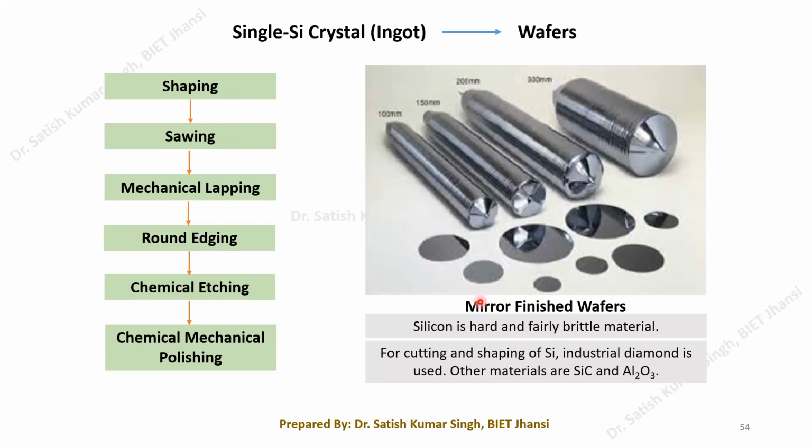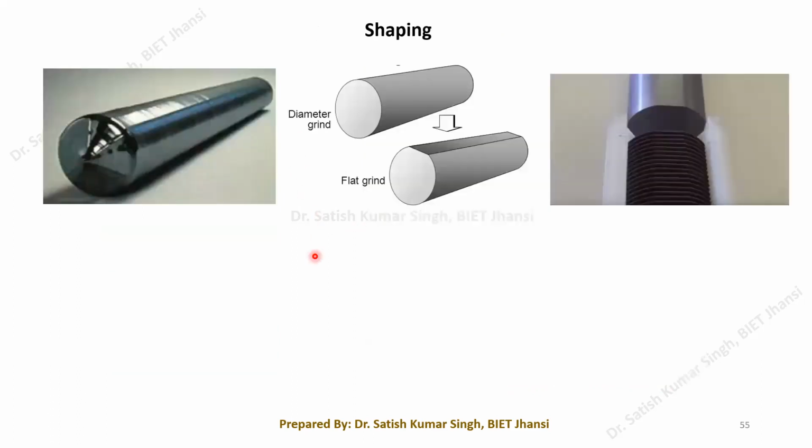So now we have to look at what this shaping process is. What do we mean by shaping and why is it needed? So first of all, when we start this particular topic of shaping, one thing that we have to remember is that when we grow the silicon crystal, this is the picture of the single silicon ingot. While growing the single silicon ingot, one thing we need to remember is that during manufacturing, we are not able to grow a uniform diameter.